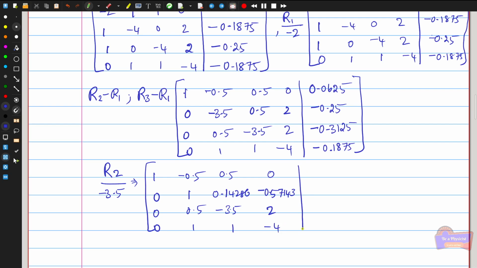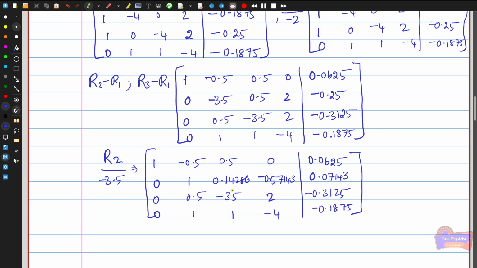The right hand side is minus 0.0625, 0.07143, minus 0.3125, and minus 0.1875.